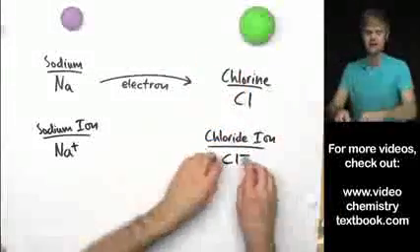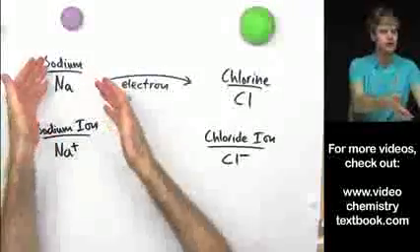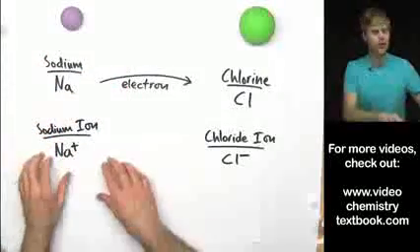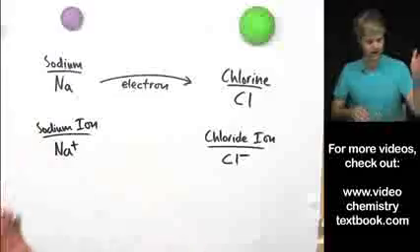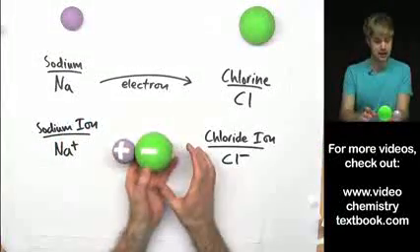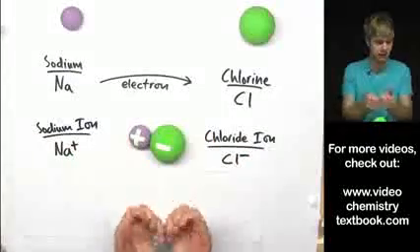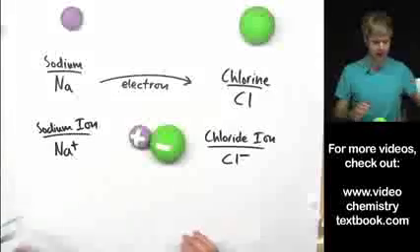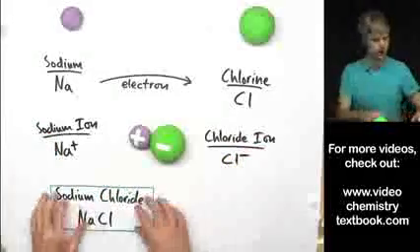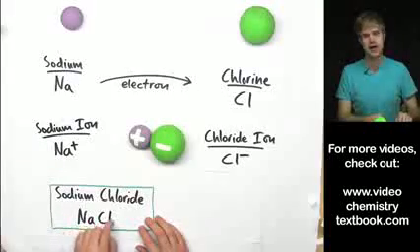Sodium, on the other hand, we call sodium whether it's neutral or positively charged. So we have a positively charged sodium, negatively charged chloride, and they stick together. Now they make a compound because these two things have connected. We call that compound sodium chloride, and we write its chemical formula as NaCl.